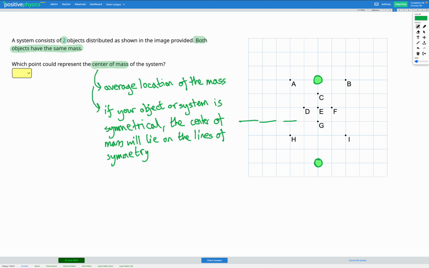And this is our line of symmetry for this system, because we've got one mass 3 squares above and one mass 3 squares below. So our center of mass is going to lie along that line. It's also symmetrical along this axis here, because along this axis we've got our masses sitting on the axis. So that tells us our center of mass is going to be at point G.